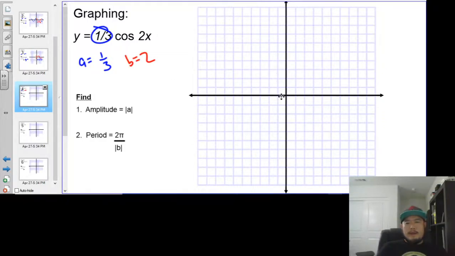So although in my function, and if we go to our graph right here, I'm going to go ahead and make this, I go up 2 units, I go down 2 units, but going up 2 units, I'll make this 1/3. This right here will be negative 1/3.